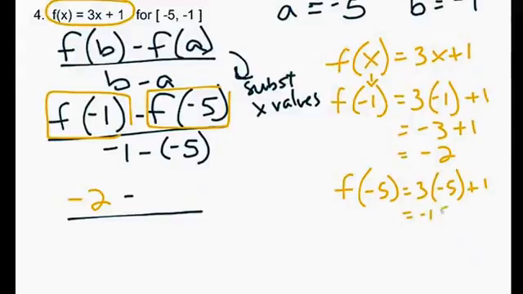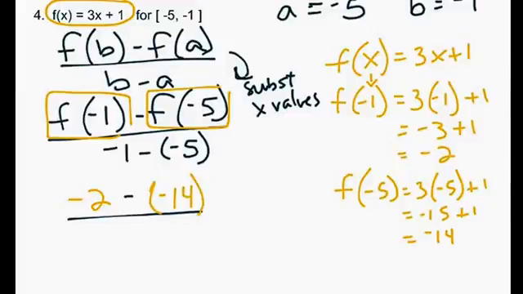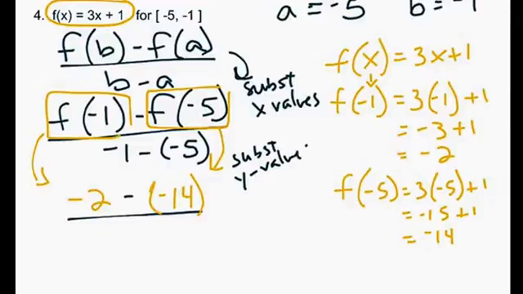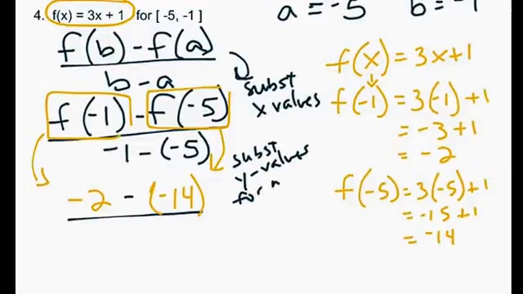So this gives me -15 plus 1. -15 plus 1 is -14. So I am substituting that over here everywhere there was an f of -5. So remember, our second step on the page before was substitute y values for notation.